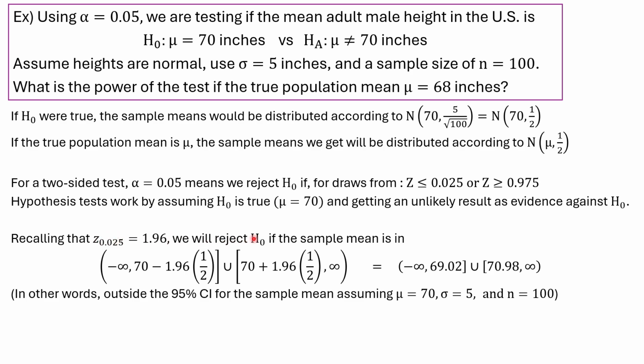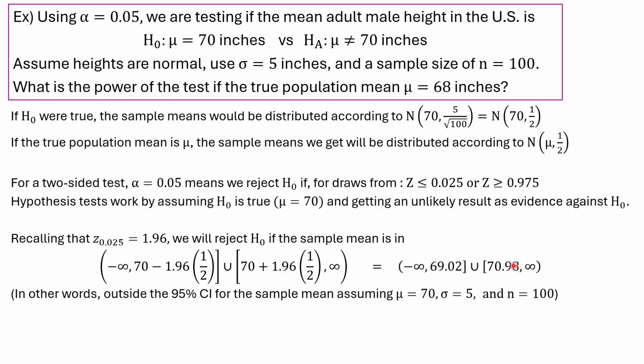We will reject the null hypothesis if the sample mean is in this interval here, in interval notation. This is all the values that are less than 70 minus 1.96 standard errors. And then we'll also reject the null hypothesis if we're larger than 70 plus 1.96 standard errors. If you were to calculate it, that's all the values that are less than or equal to 69.02 or above 70.98.